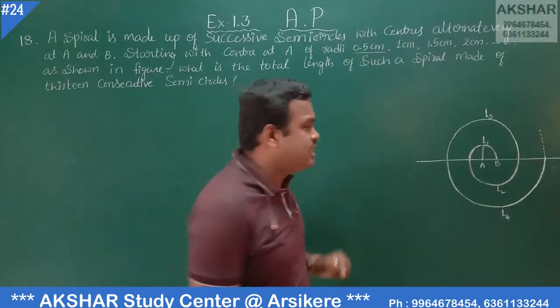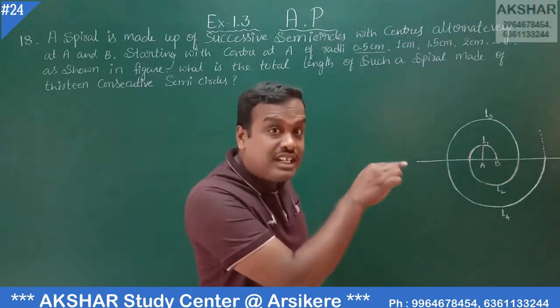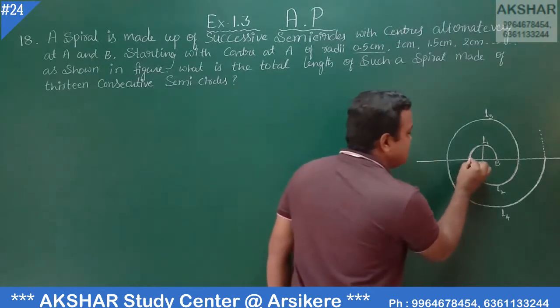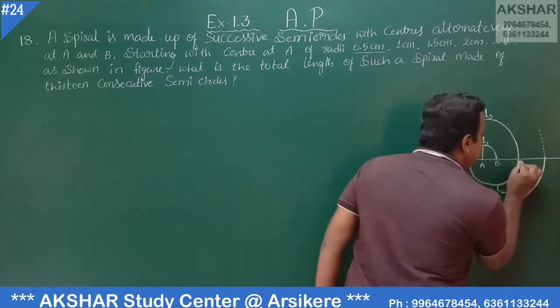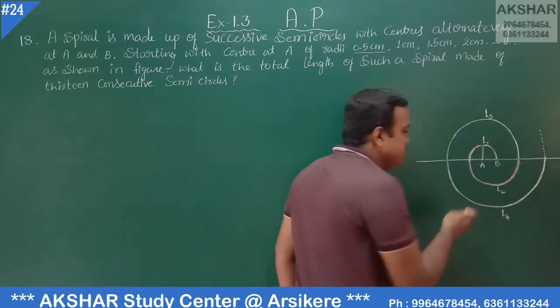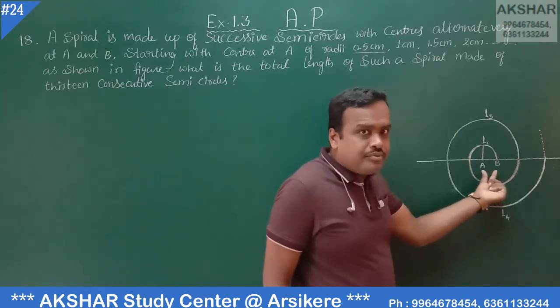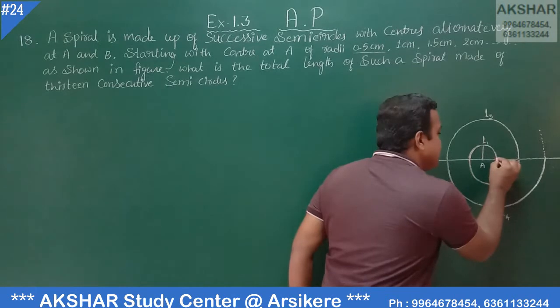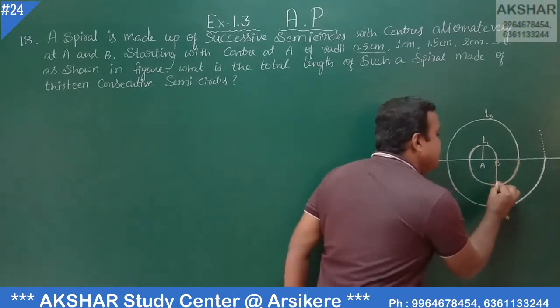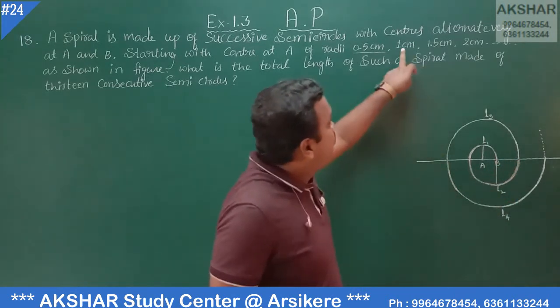Next, 1 centimeter is for the next semicircle, the second semicircle with center B. This semicircle is slightly bigger than the first, so its radius increases to 1 centimeter.